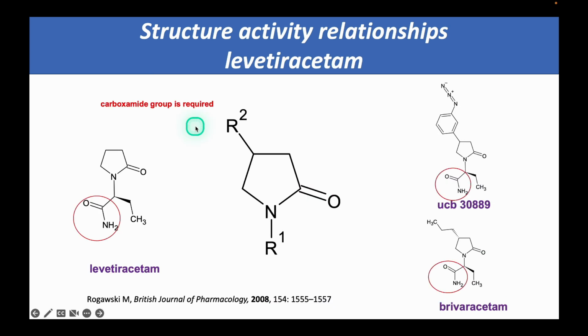For levetiracetam, we can consider the substituted butyrolactam as the pharmacophore, where R1 corresponds to the butyramide substituent, maintaining the stereochemistry present in levetiracetam. And the carboxamide group is considered necessary for its activity, as we can see in these examples. And the substituents in R2 can be an alkyl group, as in the case of brivaracetam, or a phenyl substituted with an azide group, as in the case of this experimental drug.